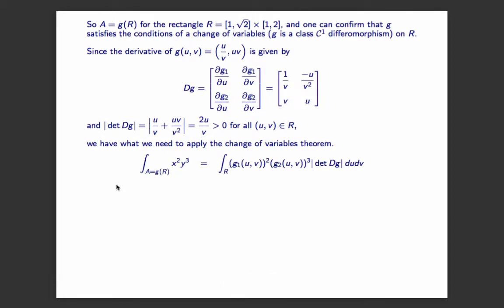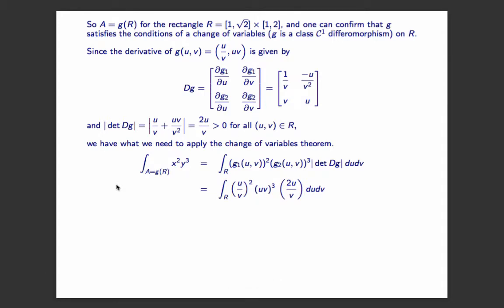theorem. So the integral over A of x squared times y cubed is the integral over the rectangle R of g1 of (u,v) squared times g2 of (u,v) cubed times the absolute value of the determinant of the derivative, du dv.